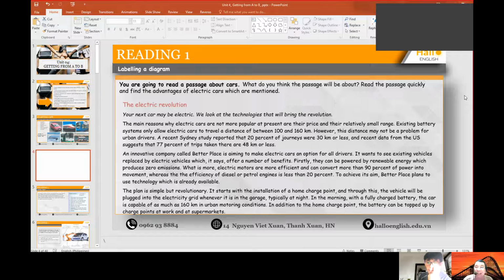That full body picture of a person is what we call a diagram. That's the diagram of the human body.